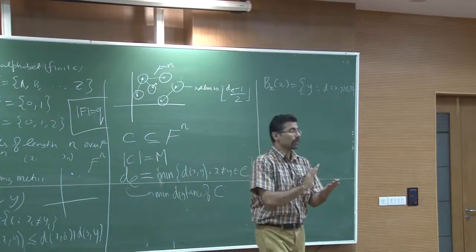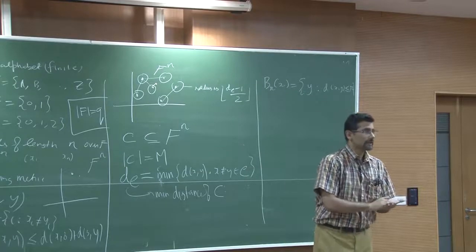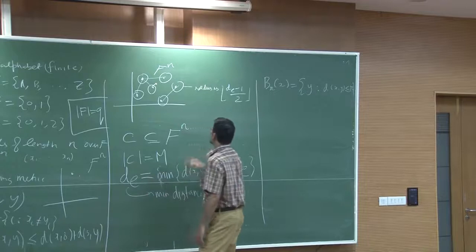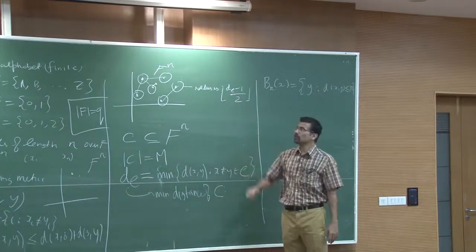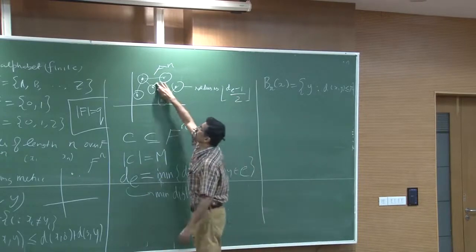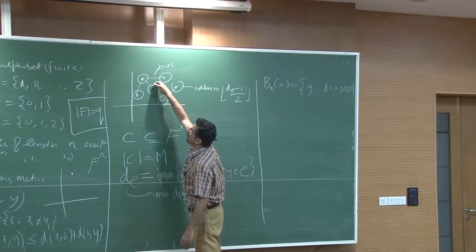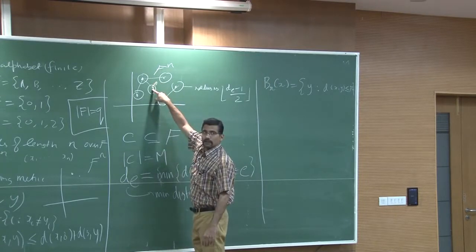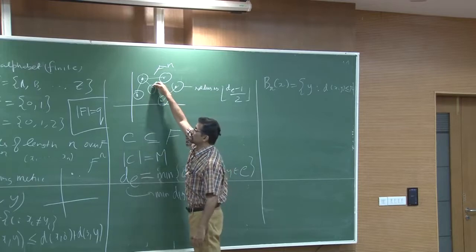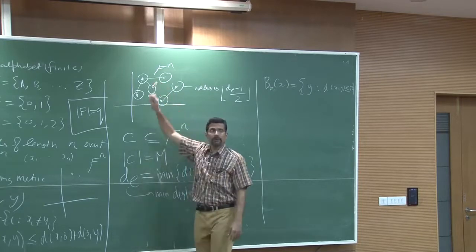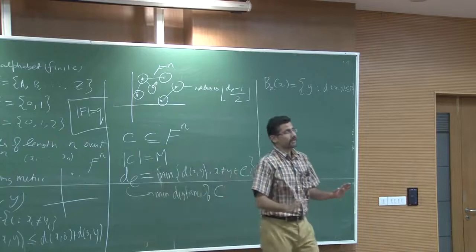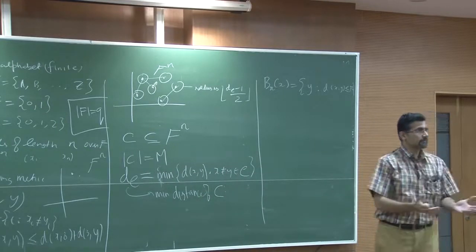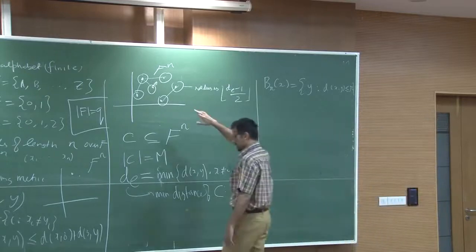If the number of errors which have happened is less than or equal to this much, then what will happen? You intended to transmit this, and the corrupted word will still be in this ball only. And since the balls are disjoint, you are able to recover what was originally transmitted.